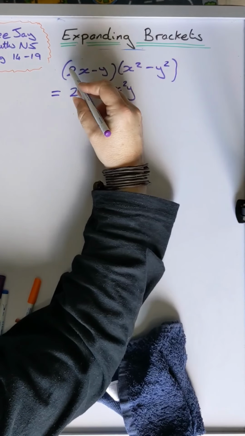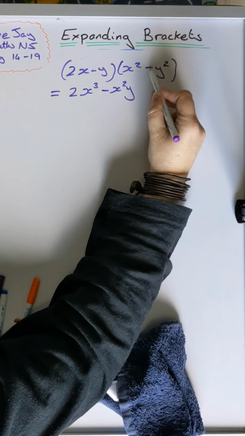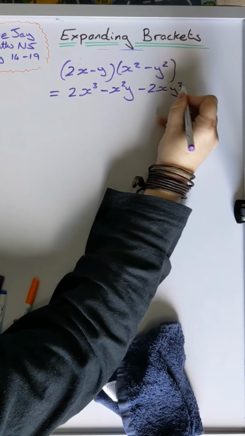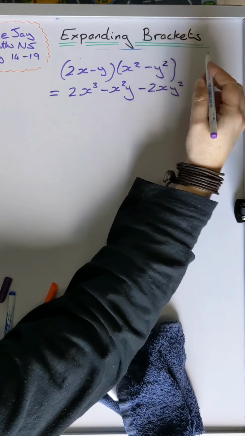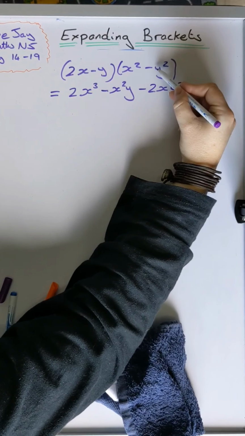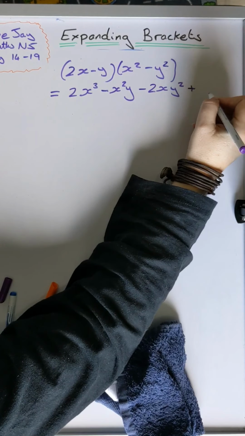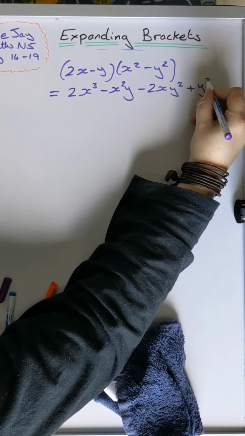And then mouth, I've got 2x y squared, but it's minus 2x y squared. And then the final eyebrow, I've got minus times a minus. If you remember our conversation about that, that becomes a plus. So we have y times y squared, which is y cubed.